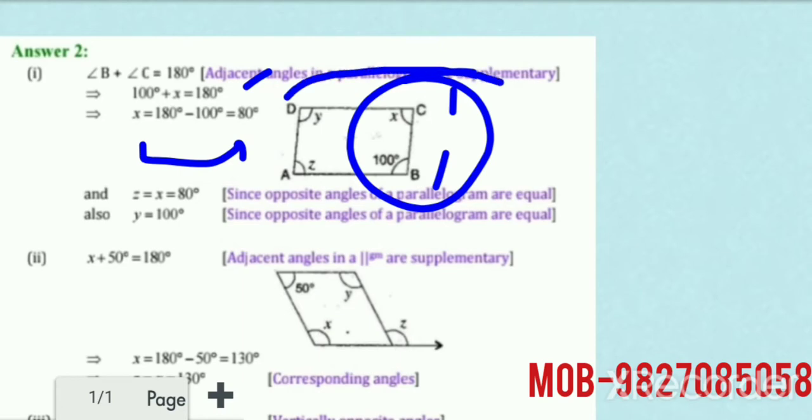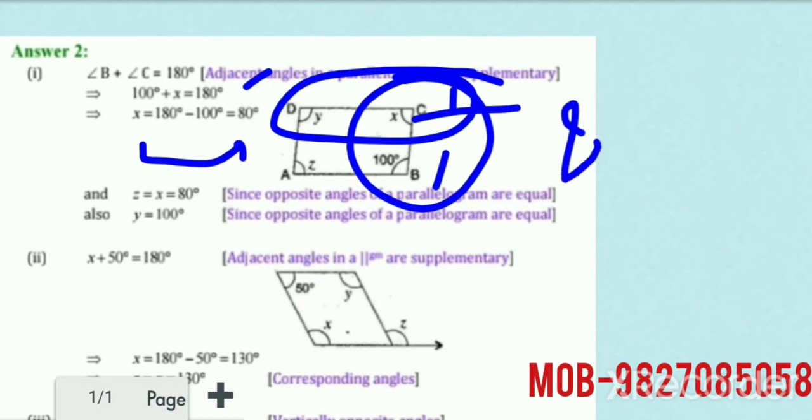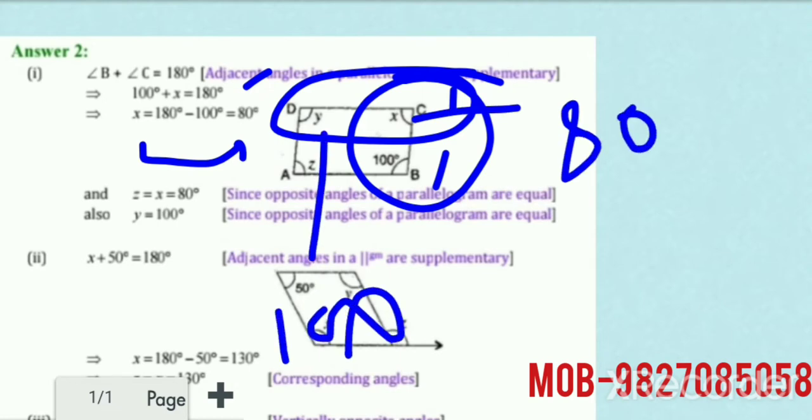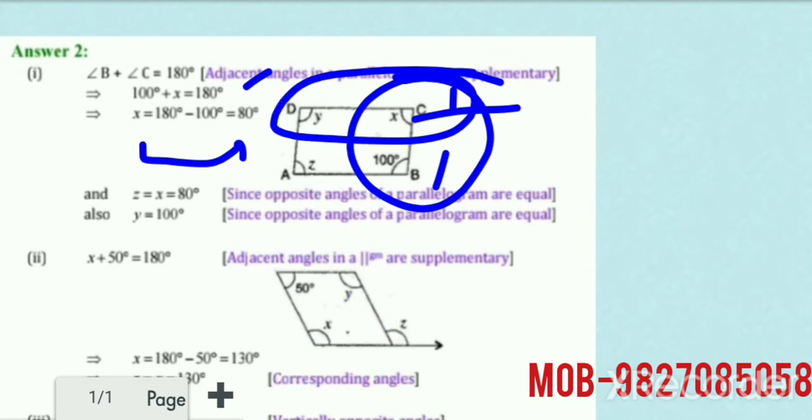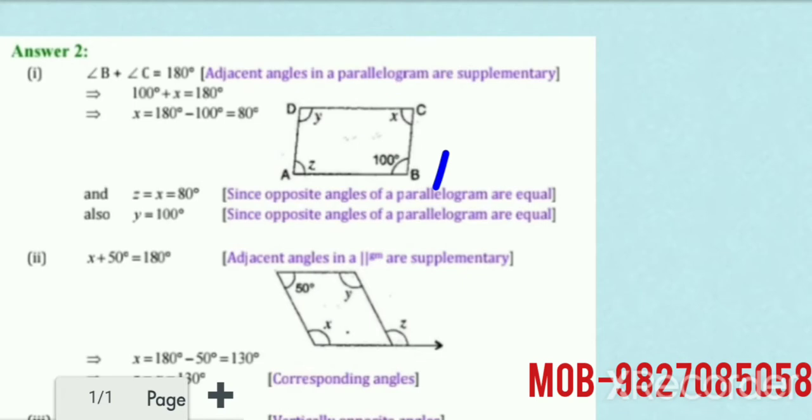Again they are supplementary, so the value of y is equal to 100, and same as they are supplementary, so we can use the other sides. Opposite angles are equal, so x is equal to 80, y is equal to 100, and z is again equal to 80.